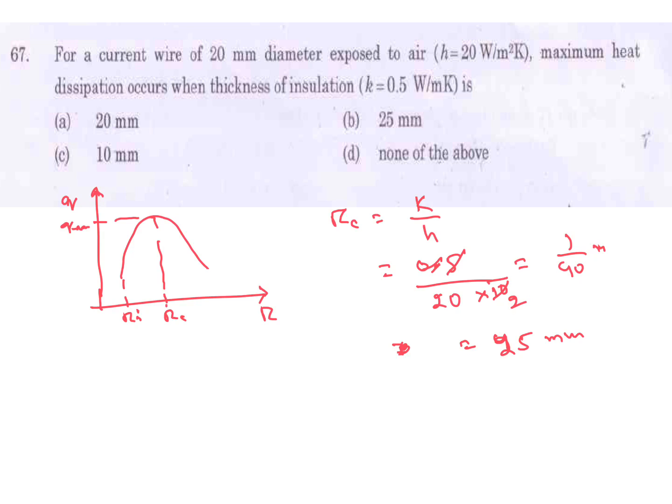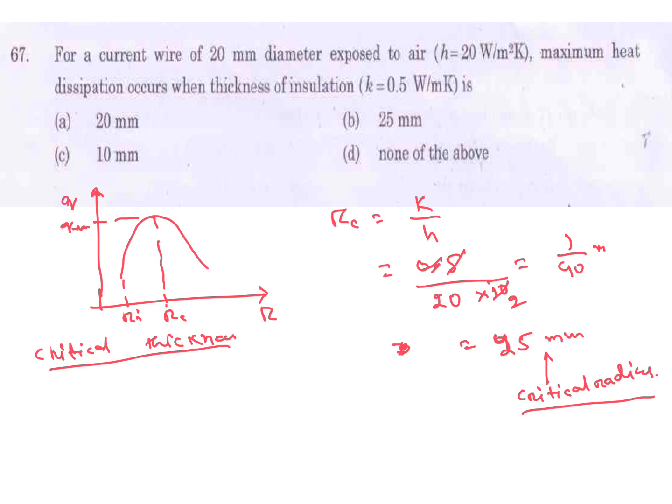But in this question they ask critical thickness of insulation. This is critical radius, but they ask critical thickness. This is very, very important for all exams. Critical thickness and critical radius.